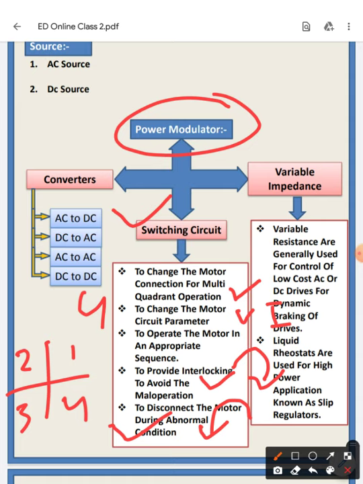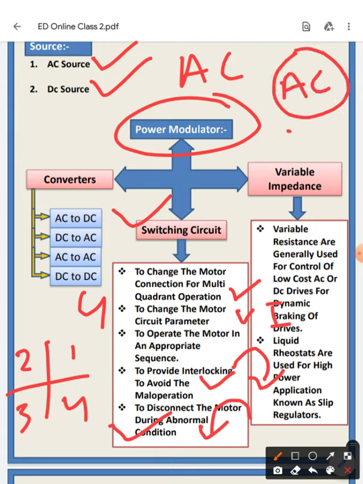Without a power modulator, we can't operate electrical motors directly using an AC source or DC source. Why? Suppose you ask the question: the input is AC, and a machine which is connected also works on AC voltage and is a constant AC voltage motor.